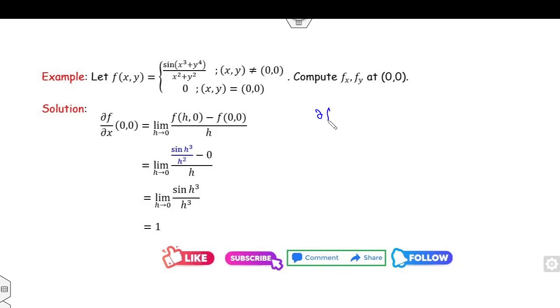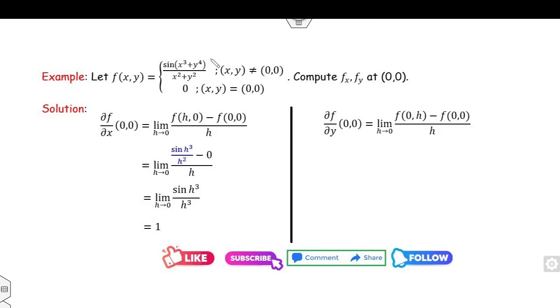Similarly, you can find the partial derivative with respect to y at the point (0, 0). That is the limit as h approaches 0. Now keeping x constant, x value is 0, I can freeze it, minus f(0, 0). Y I can vary, the previous value is 0 plus h and 0. I can substitute the value. What is f(0, h)?